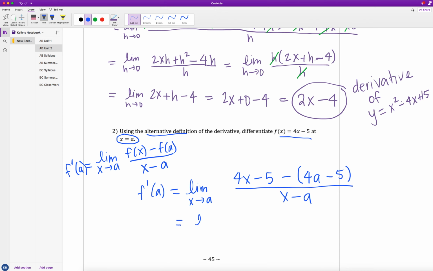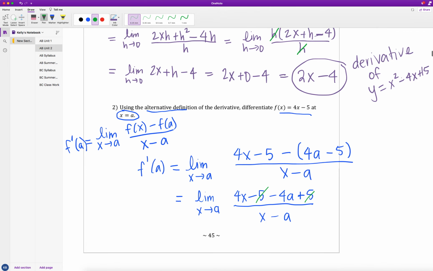To simplify this, if I try to do a direct substitution, I will end up with 0 over 0. So I'm going to algebraically manipulate by distributing that negative sign. So we get 4x minus 5 minus 4a plus 5, since I have to distribute that double negative, over x minus a. From here, the only thing that's going to cancel is the 5's, but that's okay. We're left with the limit as x approaches a of 4x minus 4a over x minus a.